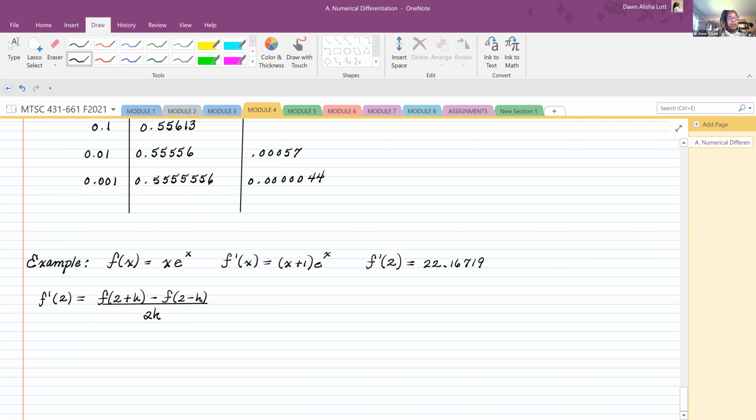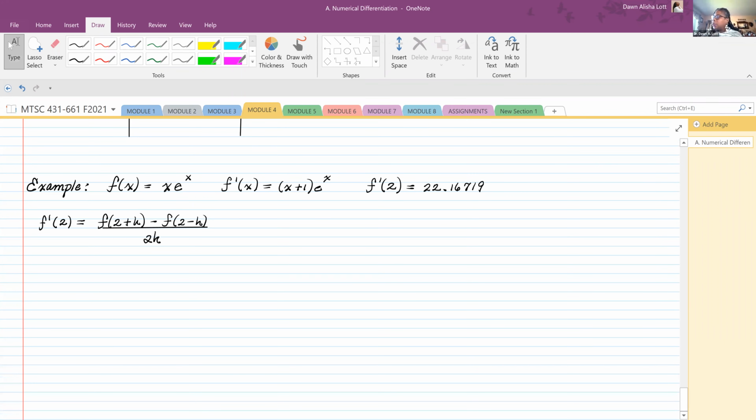Okay, and so let me draw another quick table. So now this is order h squared. So that means every time I divide h by 2, I expect my error to go down by 4. Okay, so let's see what we get here.